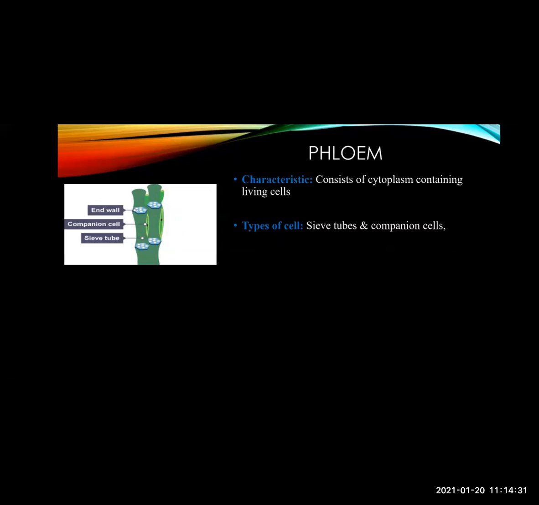So the major cell types are sieve tube and companion cell. It also contains phloem parenchyma and phloem fibers. Phloem parenchyma helps in providing and storing nutrients, whereas phloem fiber, that is phloem sclerenchyma, helps in providing support and rigidity to the plant parts.